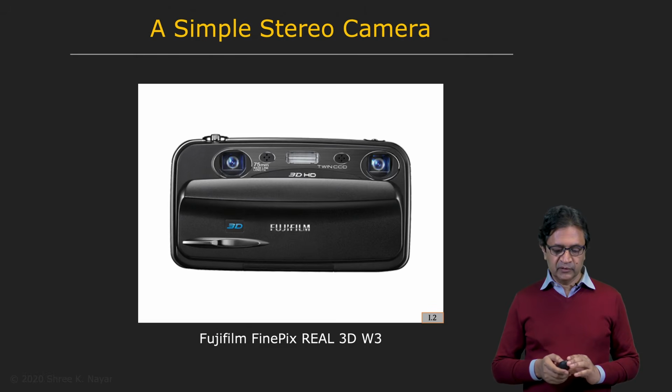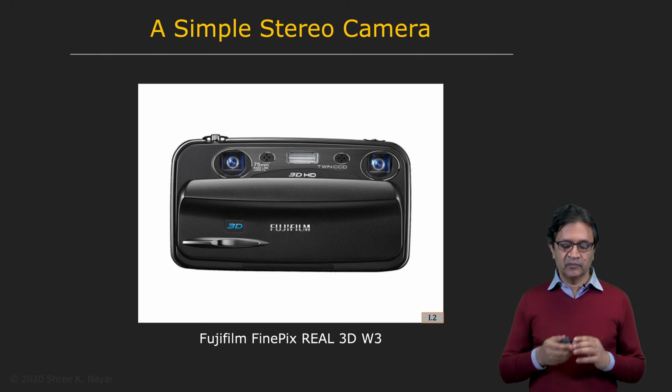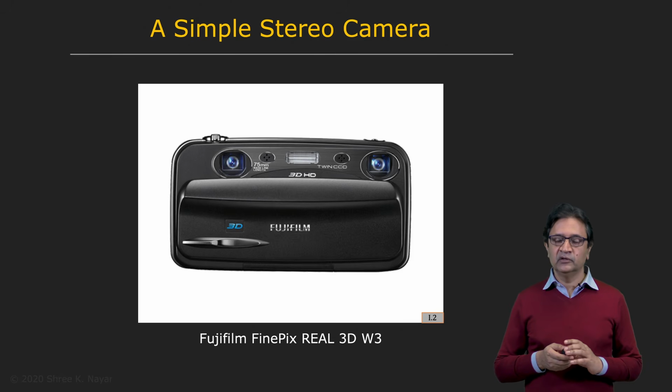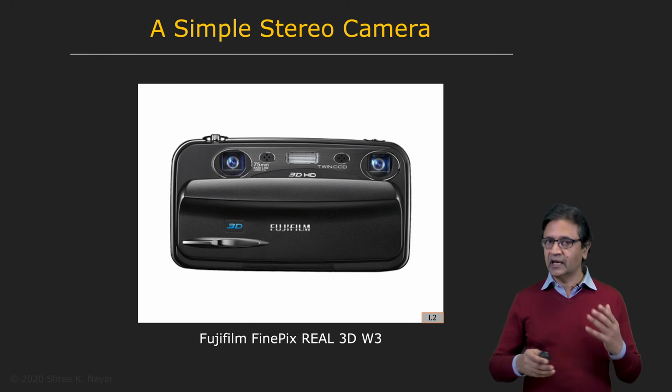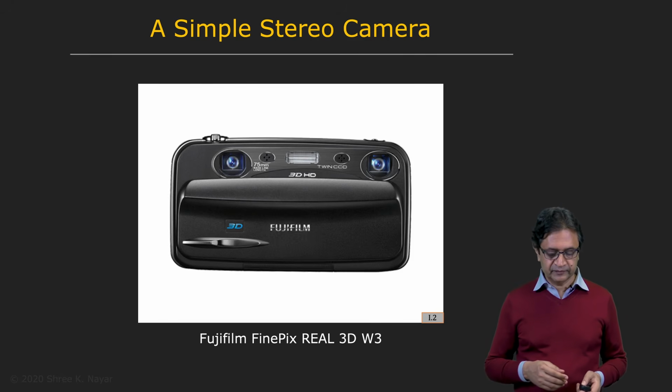So now here's an example of such a simple stereo system. This is from Fuji. There are many other examples. In fact, these days on mobile phones, stereo cameras are often used with shorter baseline, very compact systems, but still used to compute the depth of the scene. And then that information is then used for various types of photographic effects.